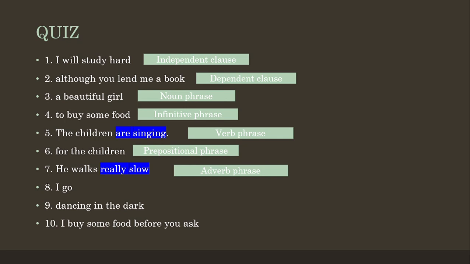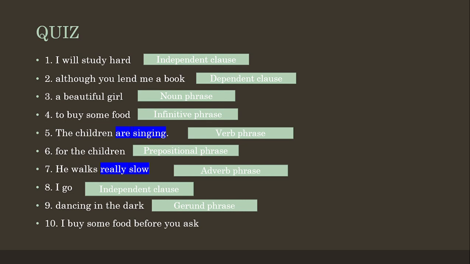Number 8, I go. Can it stand alone or not? I go. Yes, so this is an independent clause. Next, number 9, dancing in the dark. Dance plus ing becomes dancing, so it's a gerund phrase. Yes.